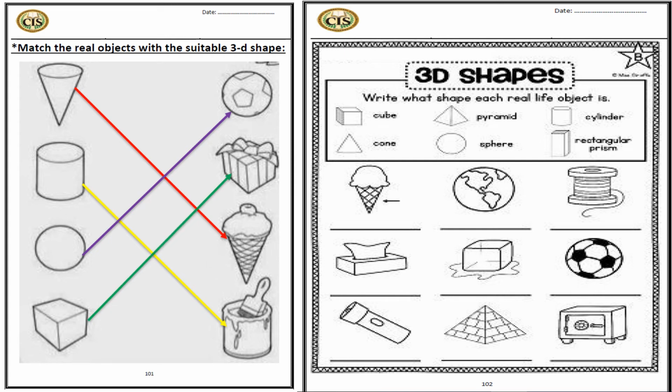Then write what shape each real life object is. Number one, it looks like cone. Second photo, it looks like sphere. Third photo, it looks like what? Cylinder. And the fifth photo, it looks like cuboid.